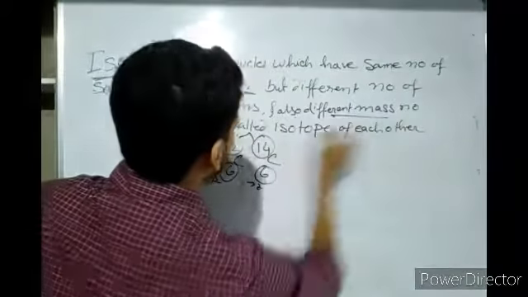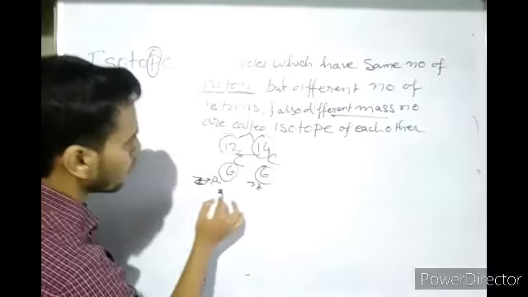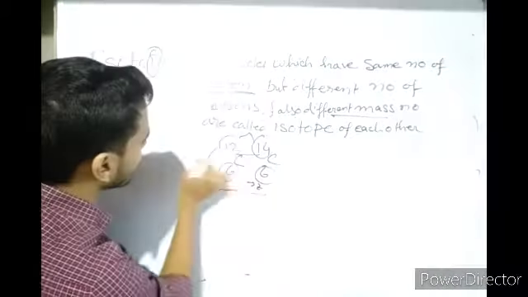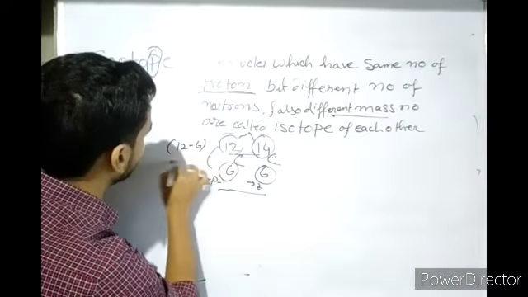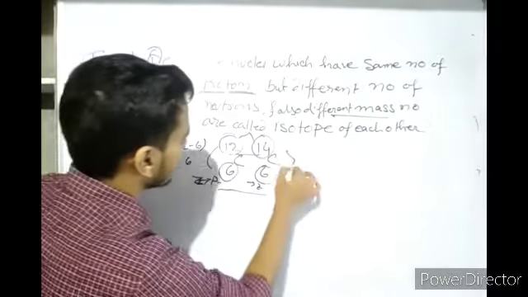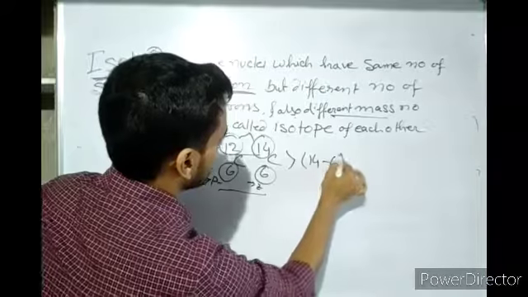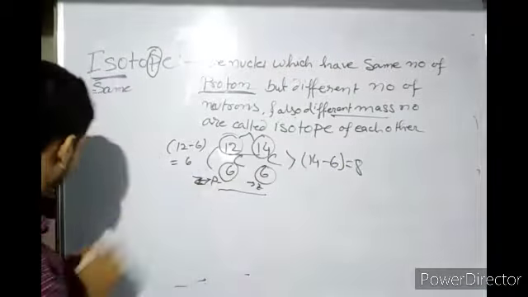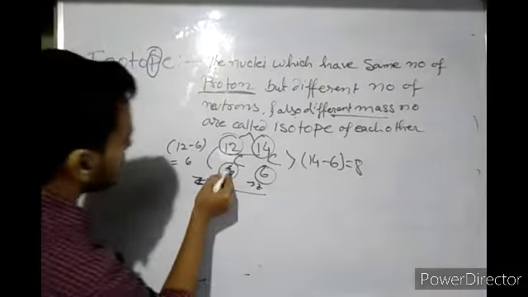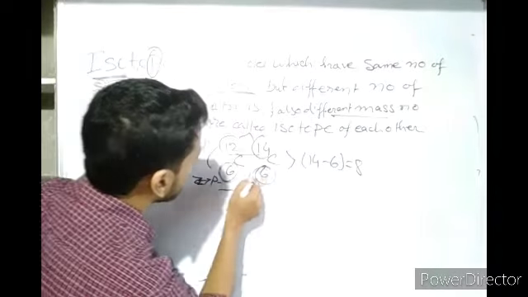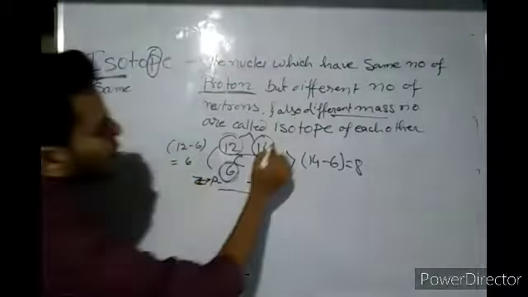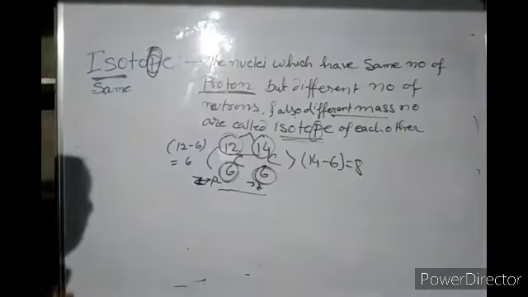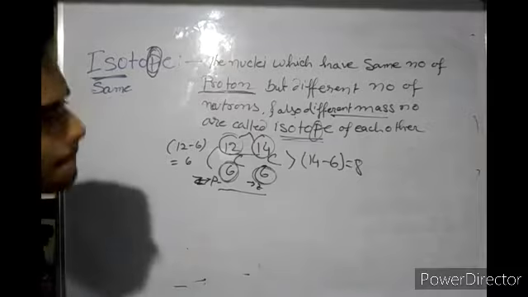The neutron number is also different: 12 minus 6 equals 6, and 14 minus 6 equals 8. As these two nuclei have the same proton number, they are called isotopes of each other.